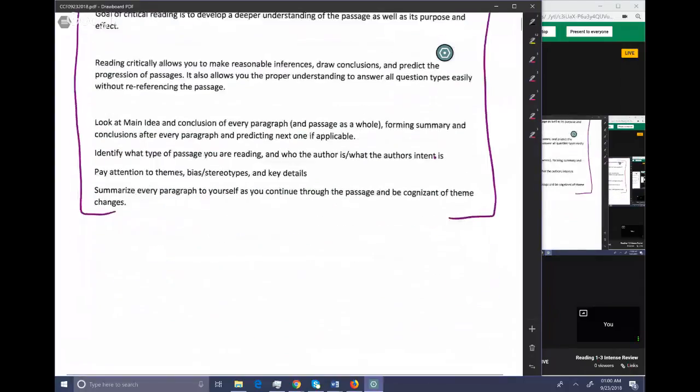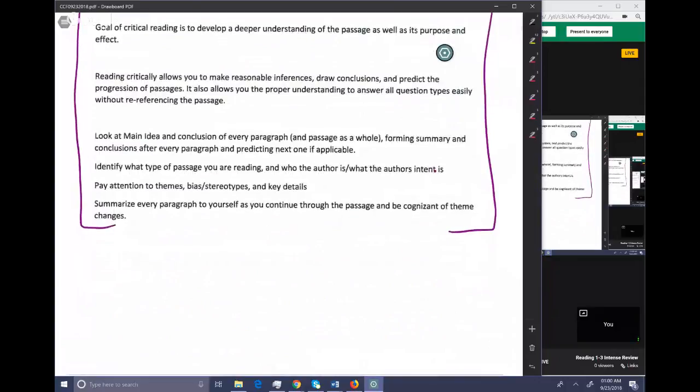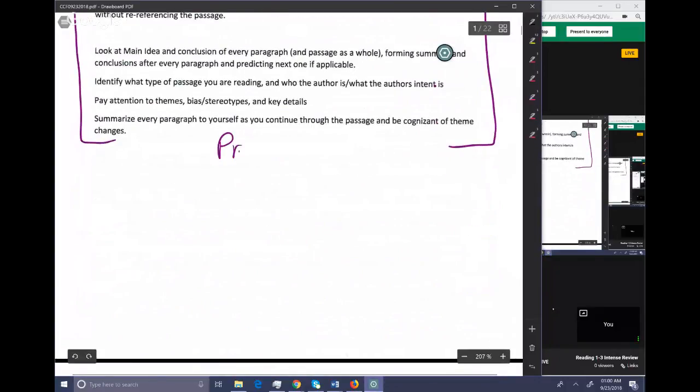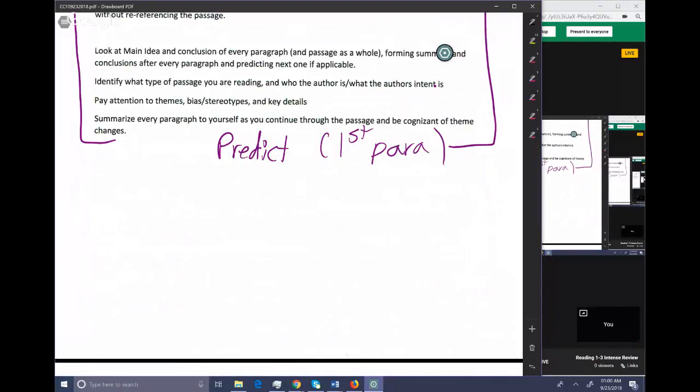So the general concept behind the critical reading strategy is to predict at the beginning. During your first paragraph, you're predicting. You read your first paragraph, and you'll see a topic sentence, which is usually the very first sentence, that gives you a very general idea of what you're about to read about. So we always have our topic identified in the intro paragraph. We also always have our main idea identified in the intro.